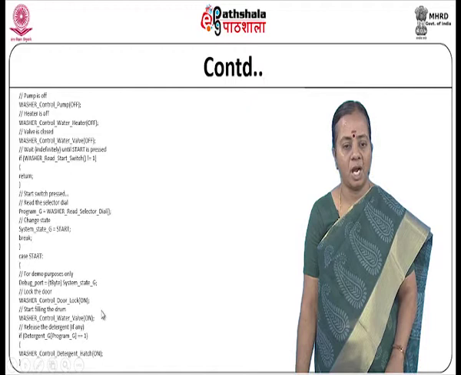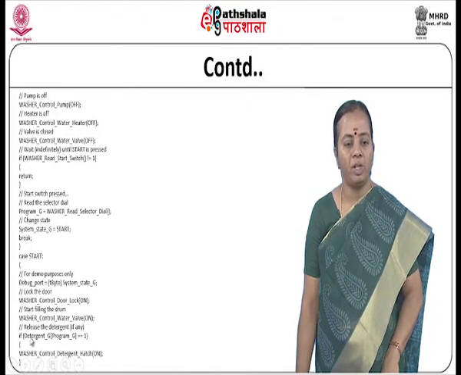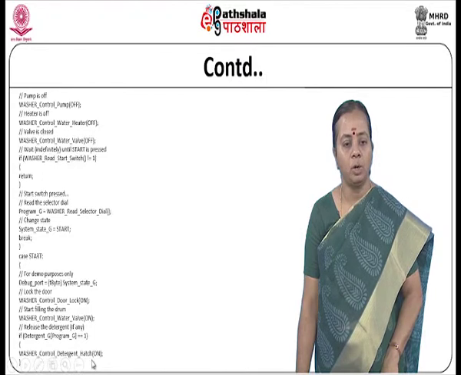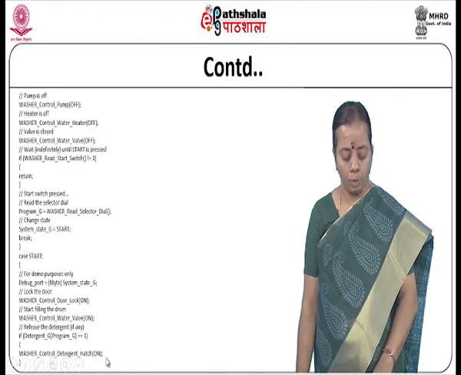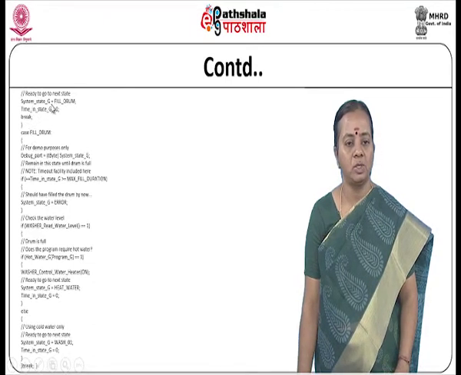So, first when the start switch is pressed, the door is locked and the motor is switched on. Now, we will look at the detergent program, whether it is 1 or 0. If it is 1, then we run the washer control detergent hatch on program. If it is not so, it comes to the next state, which is fill drum.